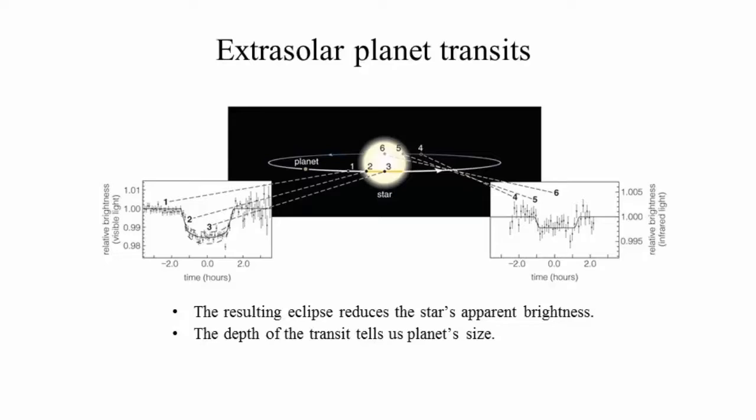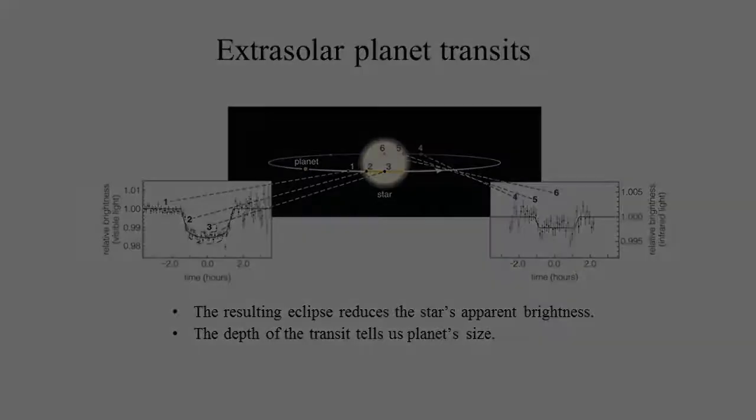Astronomers are very resourceful, and if we know the amount of time it takes to go around the star, we can figure out the distance, and we can figure out the velocity of the planet. We can now measure how long it takes it to transit in front of its star. This also will give us the radius of the planet.